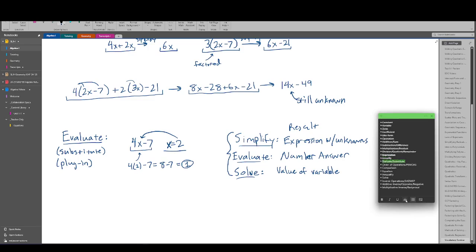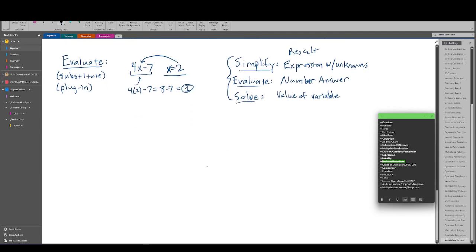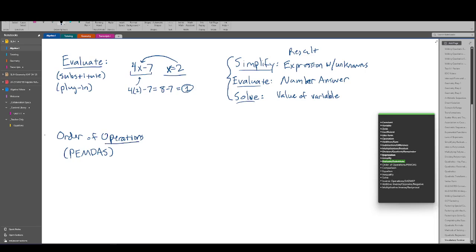I think within that, I maybe talked a little about order of operations, but not really. So when we're evaluating or simplifying expressions, we follow our order of operations. Order of operations, which we often abbreviate with the acronym PEMDAS, tells us what order to do operations if they occur side by side.